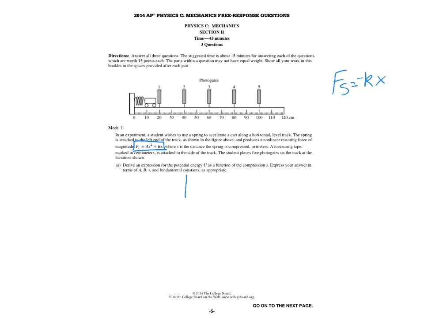Basically, we need to know that the potential energy is the integral from 0 to x of F dx. If you do that with the kx formula, you end up getting the 1/2 kx². That's where that formula comes from.